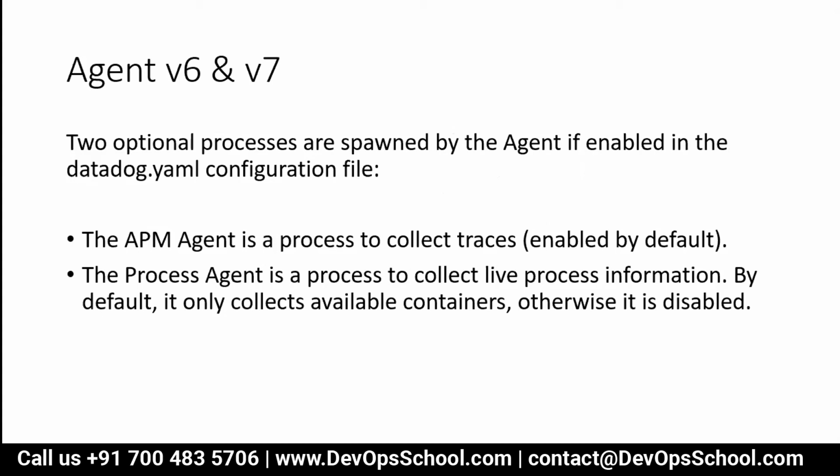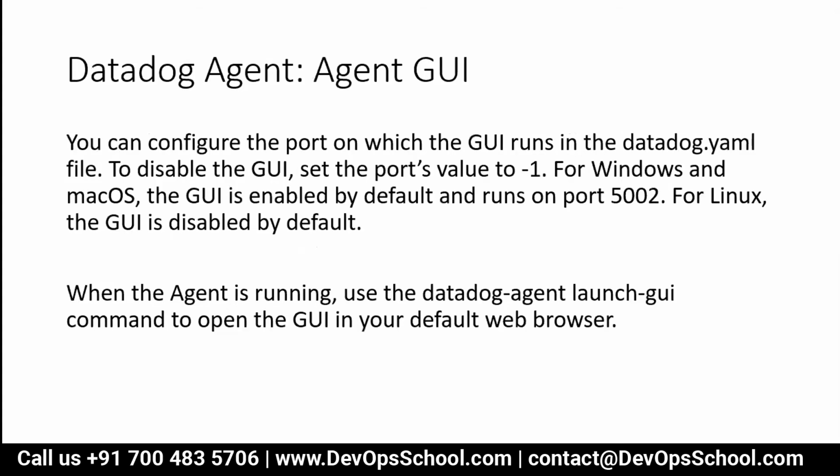If you want to change the behavior of the agent, you have one file called the datadog.yaml file. Two optional processes are spawned by the agent if enabled in the YAML configuration file: one is the APM agent for traces, and another is for live processes. These are the two things you have to enable in datadog.yaml if you really want to monitor two additional things. I'll show you this.